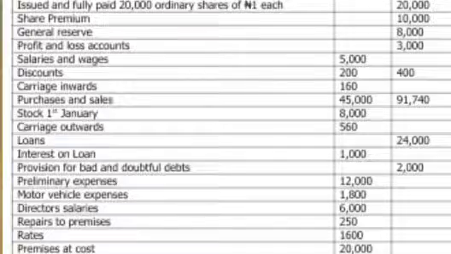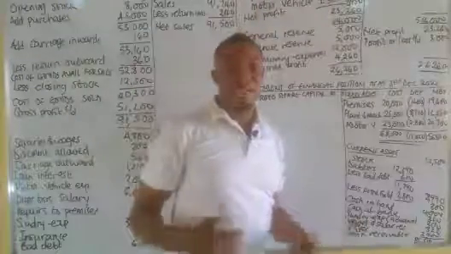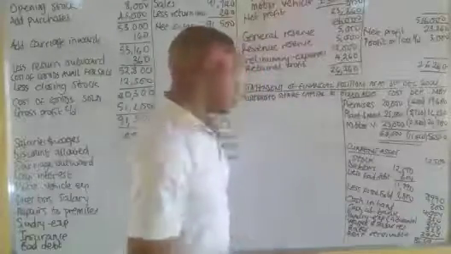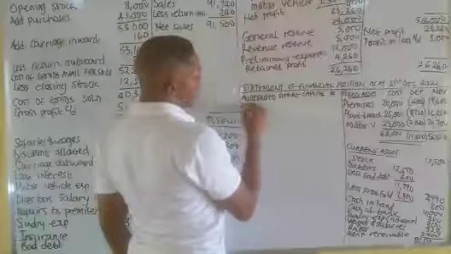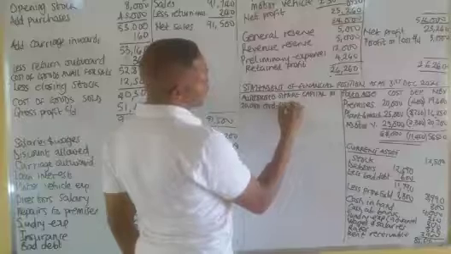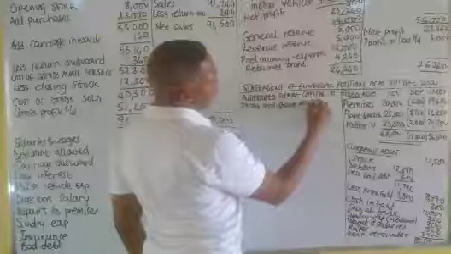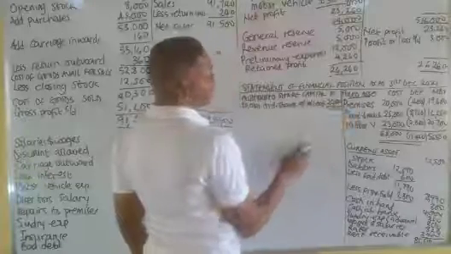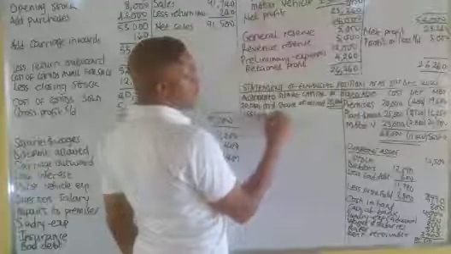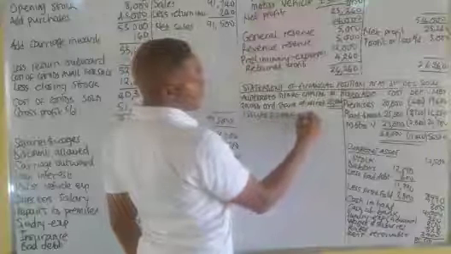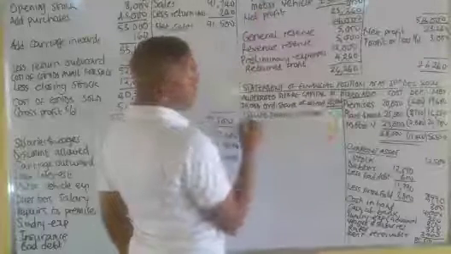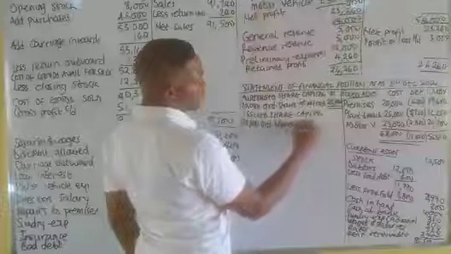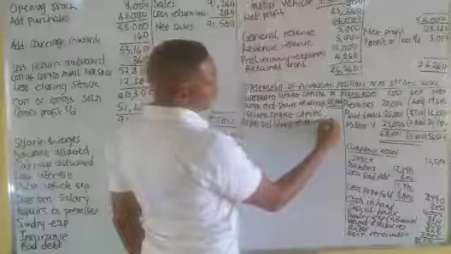The authorized share capital, we've explained, is the total amount of money that is approved for a firm to issue. But we are closing this, so what we'll work with is the issued share capital. Issued share capital is 20,000 ordinary shares of 1 naira each. That's 20,000.